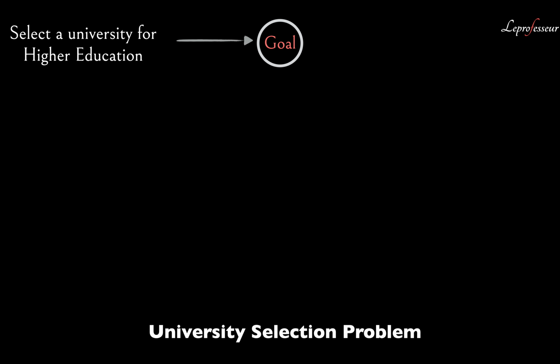So let's say what we can say about the goal with reference to the university selection problem. Those who have not watched the university selection lecture, please do watch. That will really help students who are preparing for higher education abroad or in their home country.